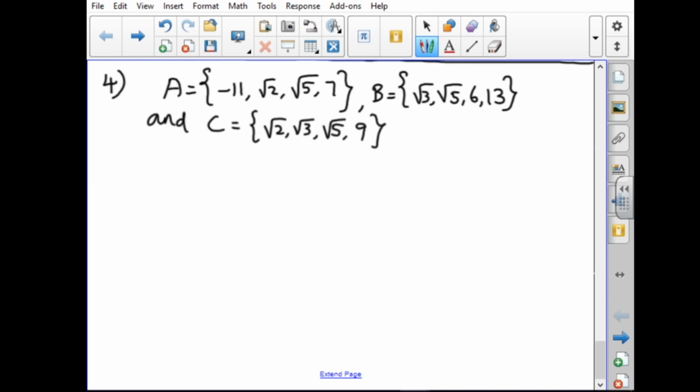So for the given values we should check the associative property of intersection.